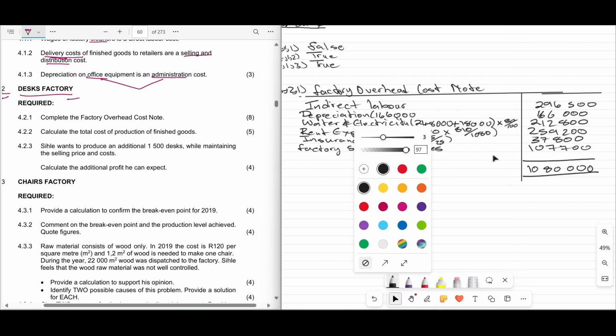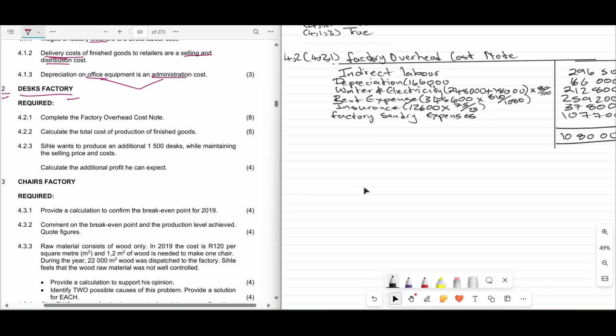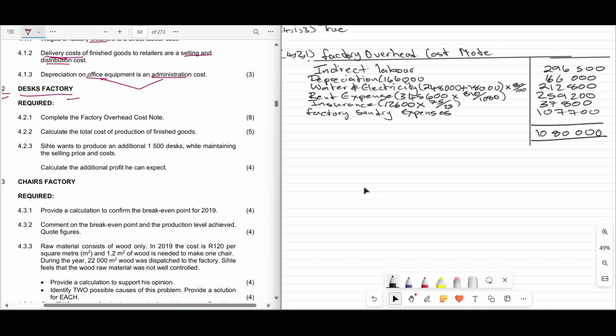Go to 4.2.2. They want us to calculate the total cost of production.